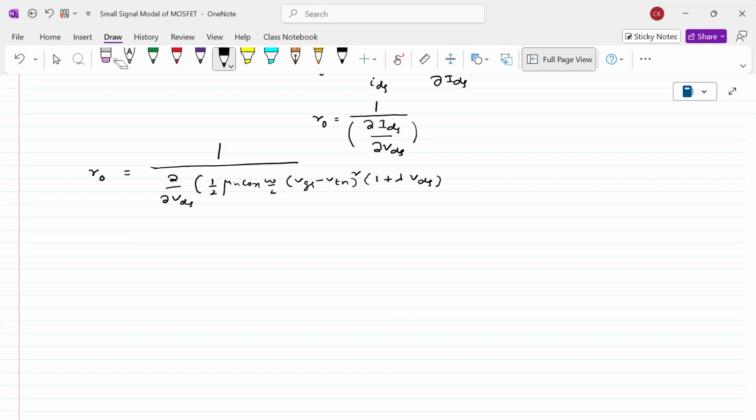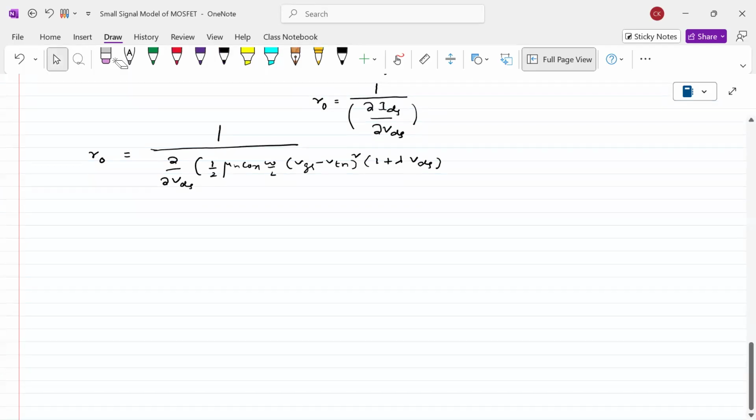Did you catch this point? So we have to consider the channel length modulation. If there is no channel length modulation, you need to consider R naught differently.